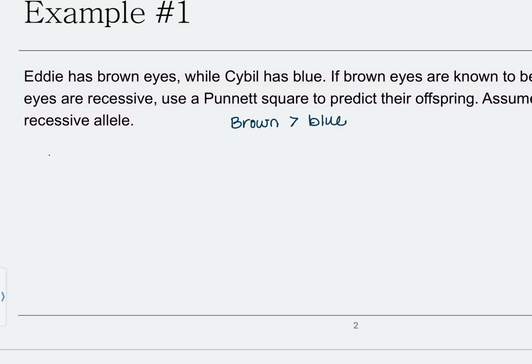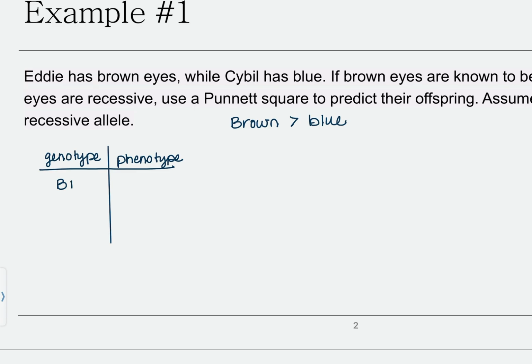The next thing to do is to do our key where we have a genotype and then a phenotype here. Okay, so we have to have at least one dominant allele to express the dominant trait.